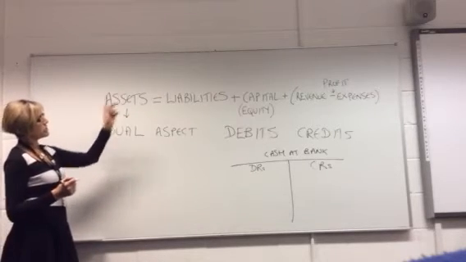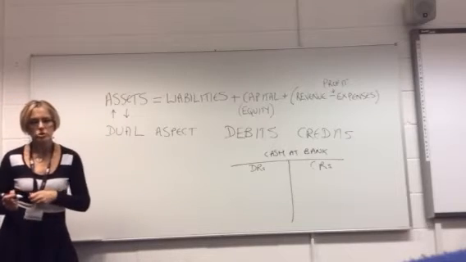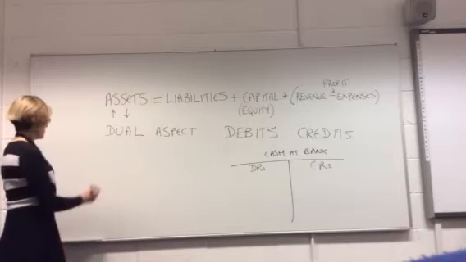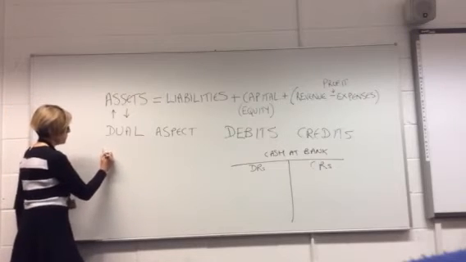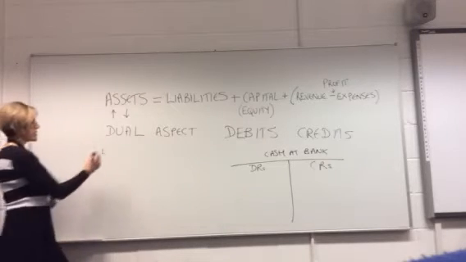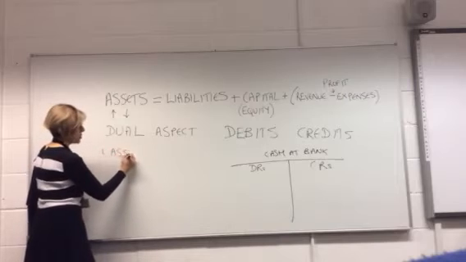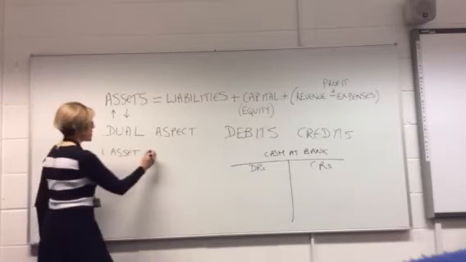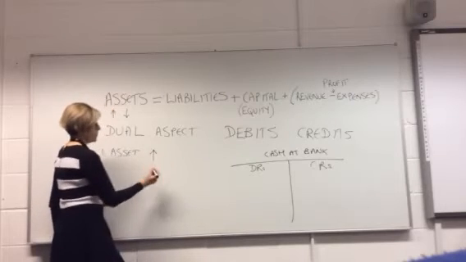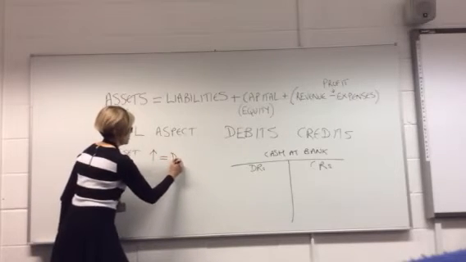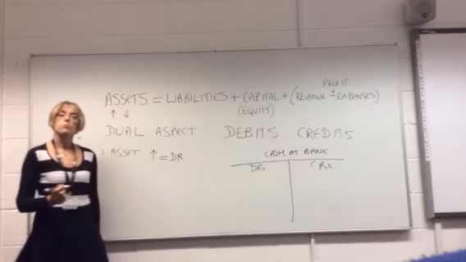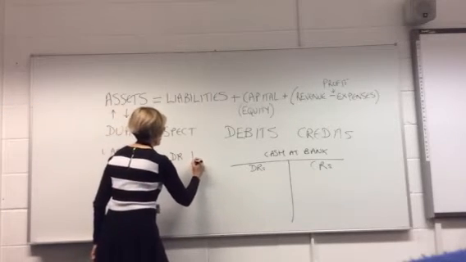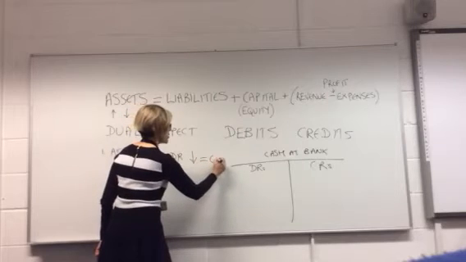Now, in terms of how the debits and credits relate to the accounting equation, there are a set of rules that you have to know. So, for example, if you have an asset account, like cash at bank, an increase in the asset is a debit. A decrease in the asset is a credit entry.